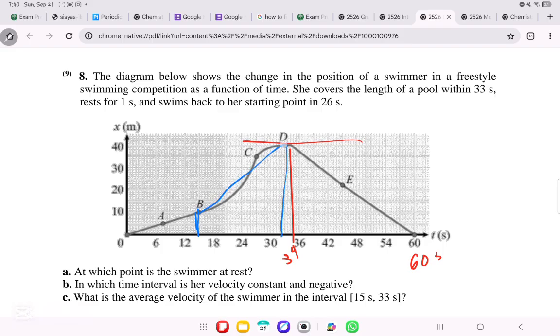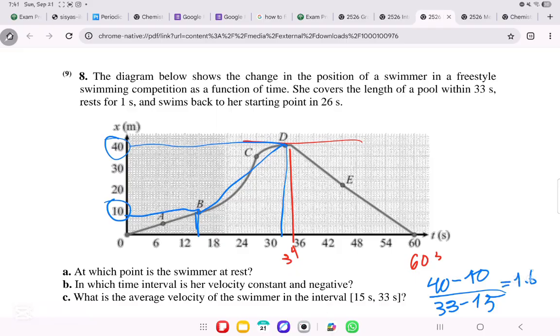So we'll choose these 2 points. At 15, the position is 10. At 33, the position is 40. So how do you find the average velocity? It's the value of the slope. So it's y minus y, so 40 minus 10, over x minus x, which is 33 minus 15. That's going to be approximately 1.67 meters per second.